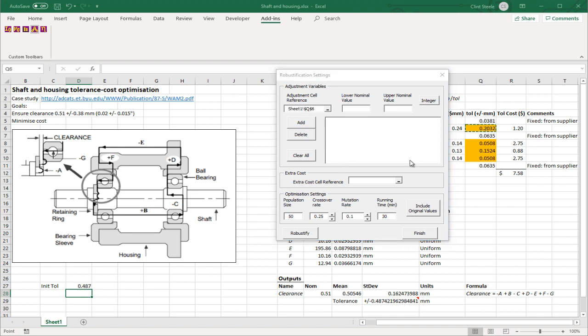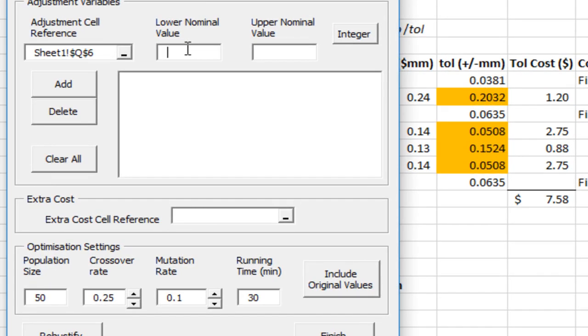Now, when it comes to tolerance values, usually you'd probably say something like, well, this is the best manufacturing operation we have available, and this is the tolerance it offers, and this is the cheapest, and this is the tolerance that it offers. I'm going to be a little bit more arbitrary, and I'm going to assume that we would consider something that's half the current tolerance up to something that's double the current tolerance.